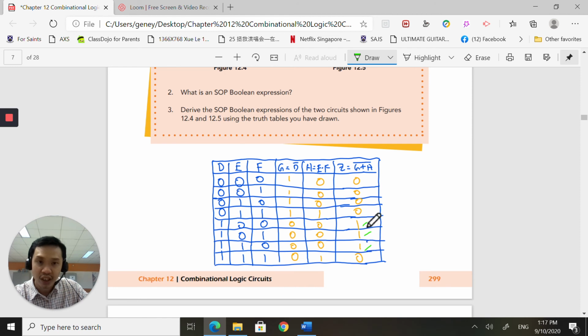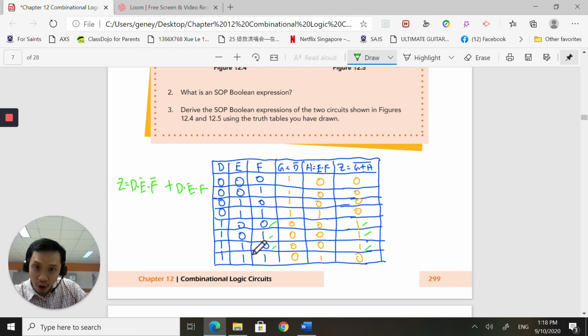So Z will be true if this happens, or this happens, or this happens. Okay, so let's write that down. Z is true if D and E complement and F complement happen.